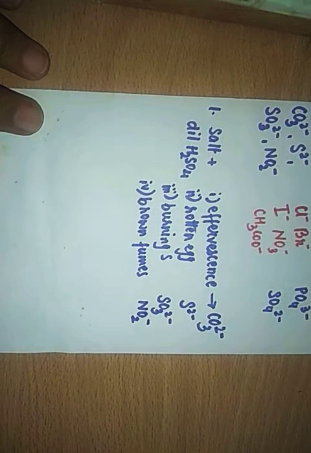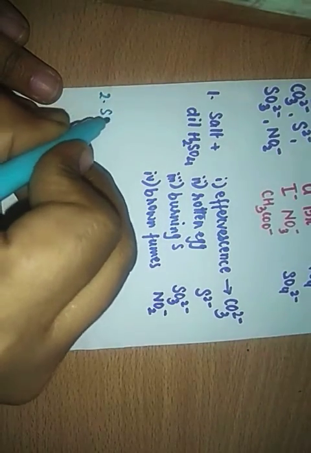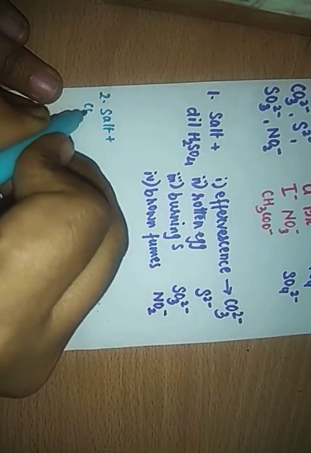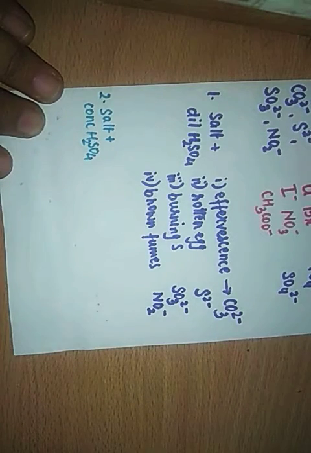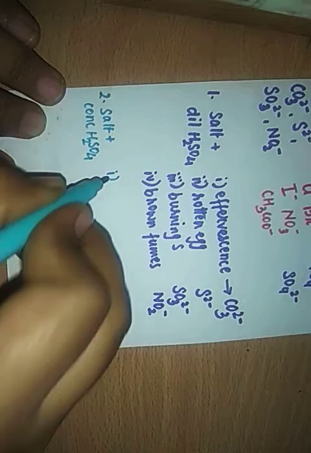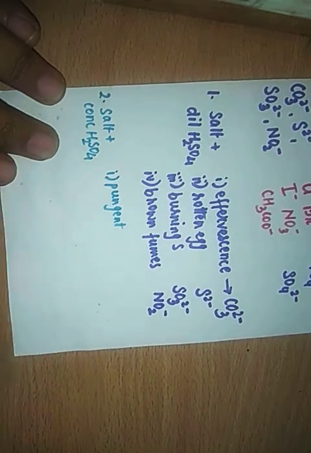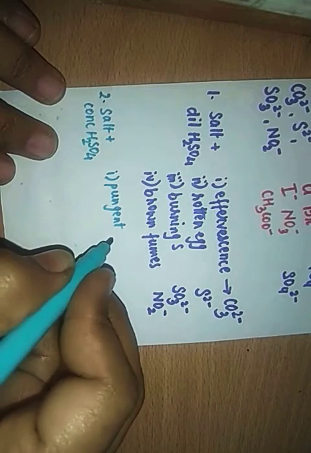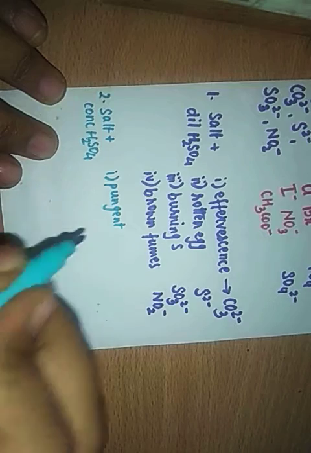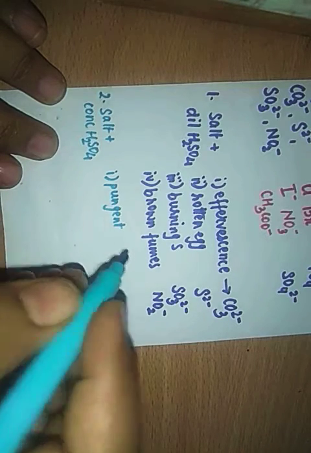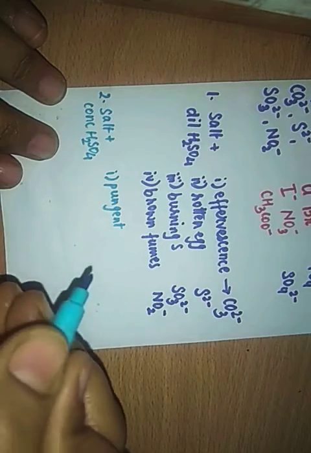But if we don't have these, then we take the salt and add concentrated sulfuric acid. Then we'll see some observations. The first one is a pungent smelling gas, because of HCl gas released. If we dip a glass rod in NH4OH, we get white fumes.